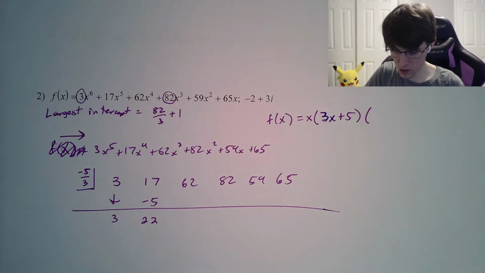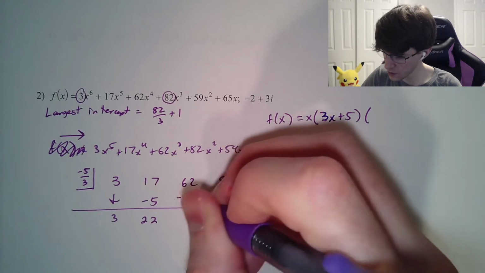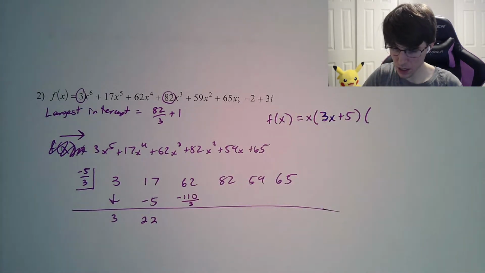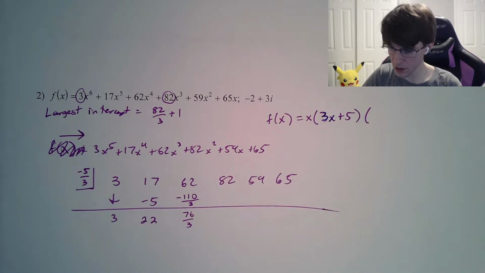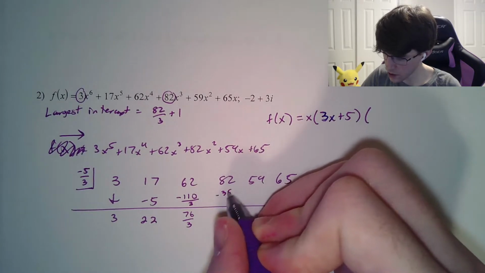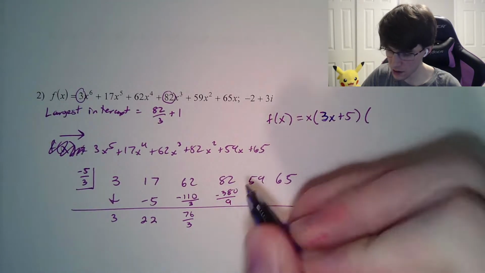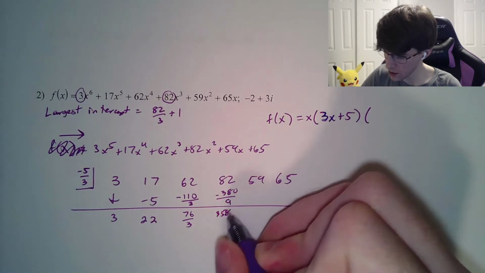So 22 times -5 divided by 3, you end up with -110 over 3, adding that to 62, and you get 76 over 3. Multiply that by -5 over 3, and you get -380 over 9. You're adding that to 82, and you get 358 over 9.